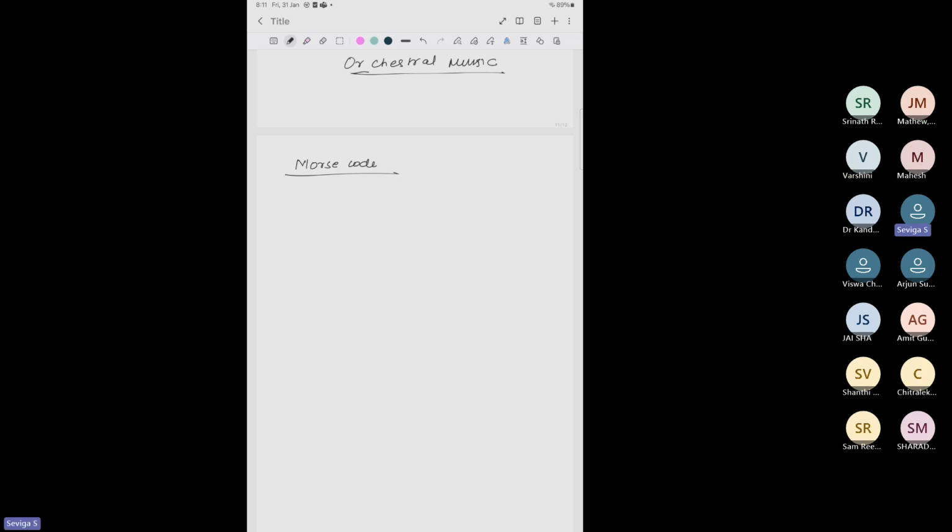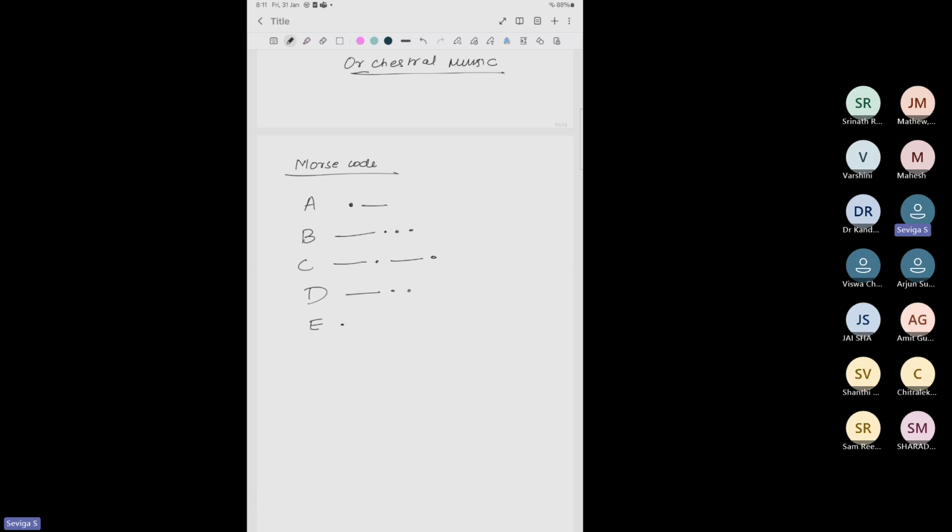Each typographical character has an associated pattern of dots and dashes. For example, A can be represented by a dot and a dash. B can be represented with a dash and three dots. C can be written as dash dot dash dot. D can be written as dash dot dot. E can be written as a dot. Like that, for all the alphabets, we have a pattern of symbols.